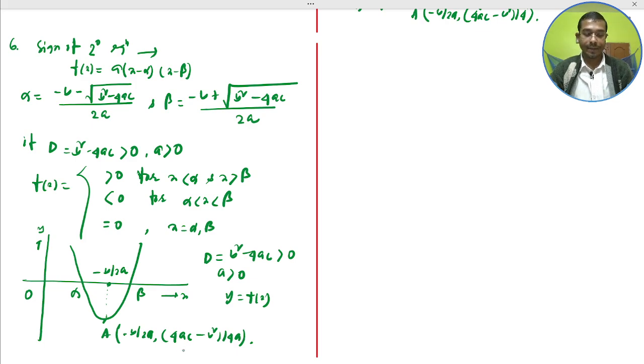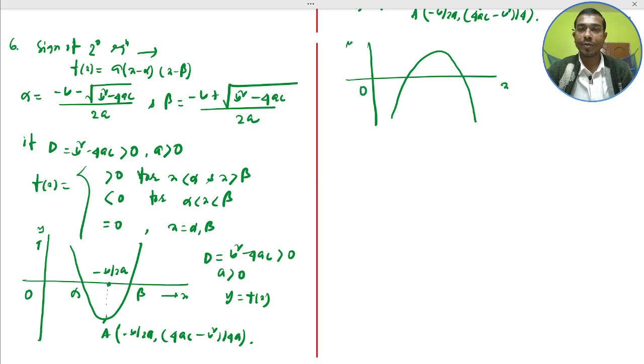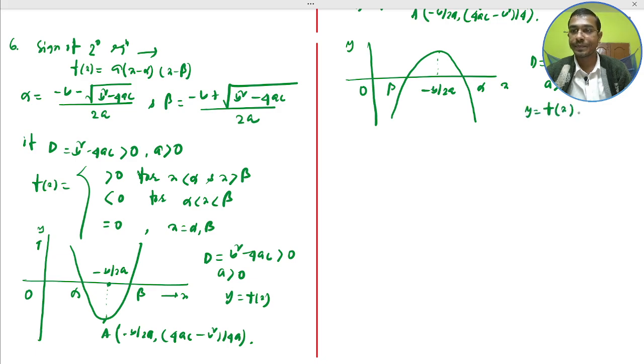So another form: this is the origin, x and y, this is one root beta and the other root alpha, and this point must be minus b by 2a. Here D is equal to b square minus 4ac, that is greater than 0, and the coefficient of x square, a, is less than 0, and y equal to f(x).